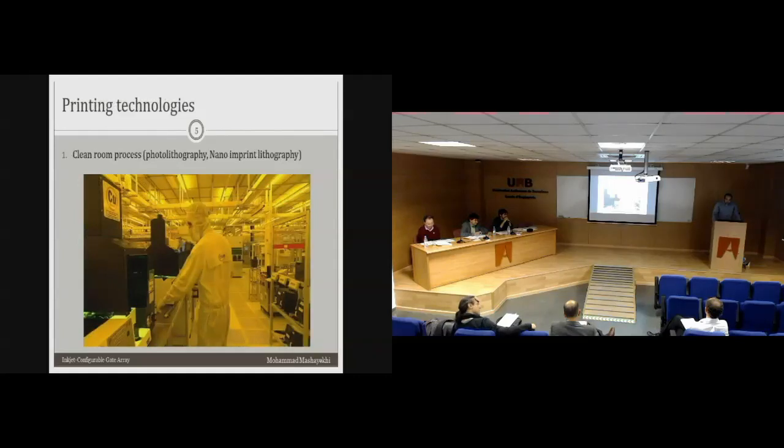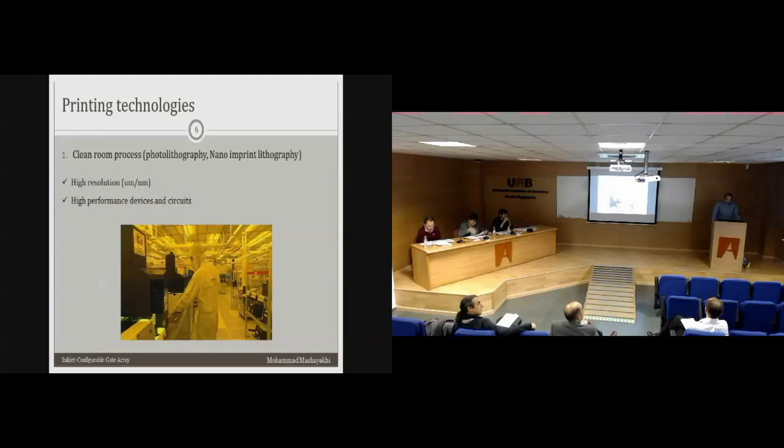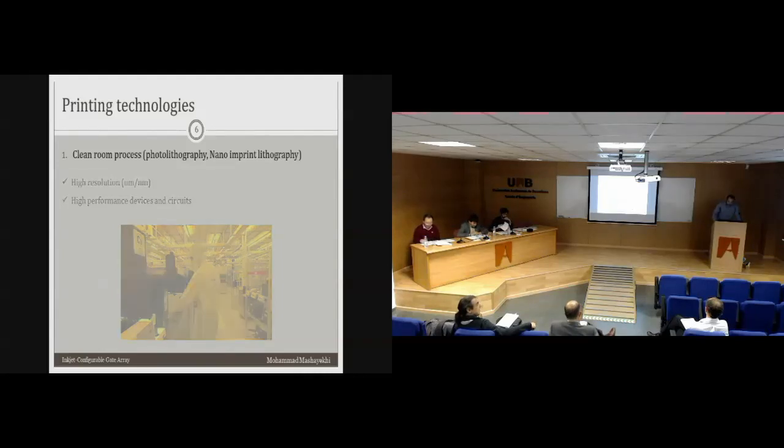Well, clean room processes, the most important ones are photolithography or nano-imprint lithography, are the high-performance technologies which provide high-performance devices and circuits, and they are providing high resolution.